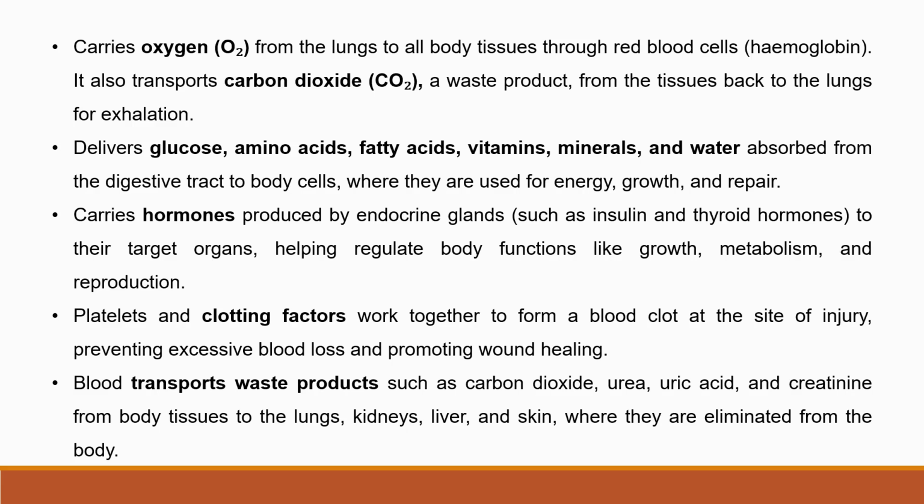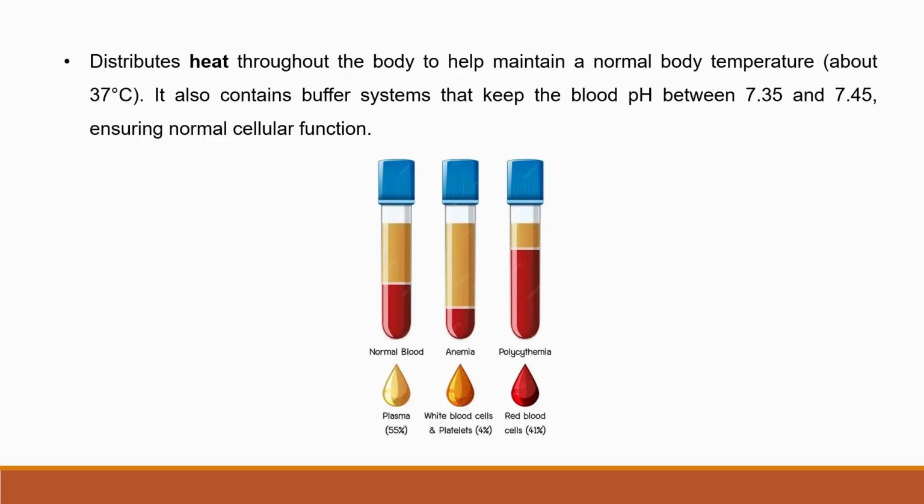The carbon dioxide is collected from all the cells and tissues and enters the lungs, so it goes out through expiration. Blood also delivers nutrients like glucose, amino acids, fatty acids, etc. From the endocrine glands, it collects the hormones, which reach the target organs and start showing their action. Platelets help in coagulation, and the waste products collected from the cells reach the kidneys, liver, skin and lungs so they can be eliminated from the body. One more function is thermoregulation.